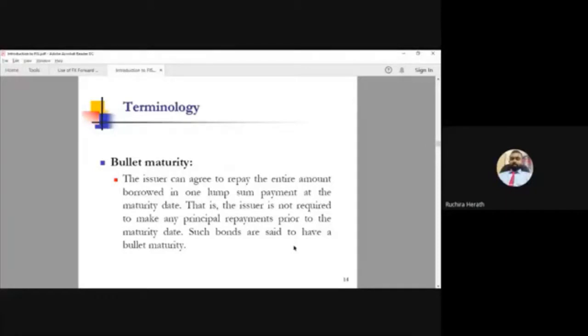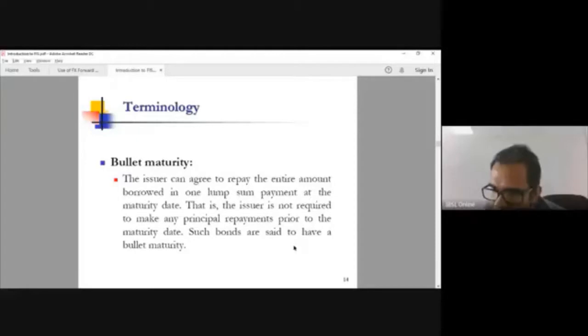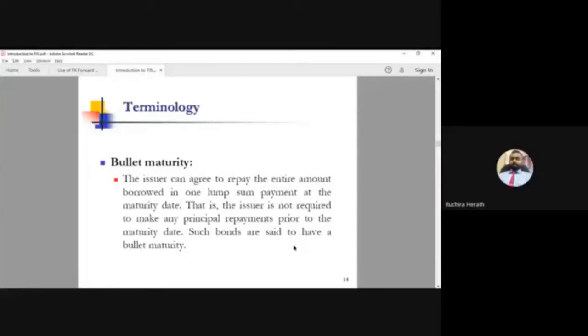So what if the particular customer obtains a loan? If he obtains a loan by giving this particular bond as collateral, then who will get the interest, either that particular bank or financial institution, or the customer?